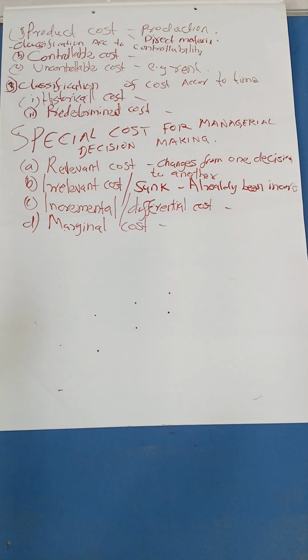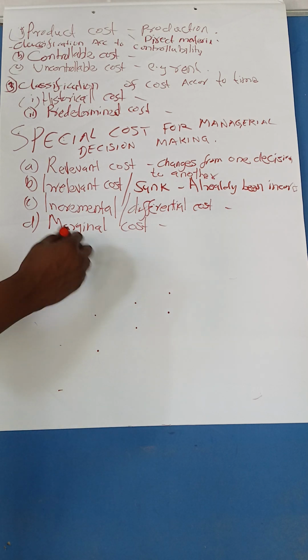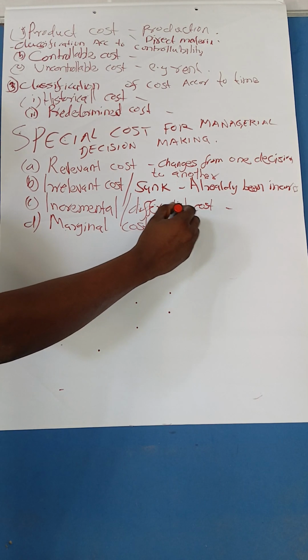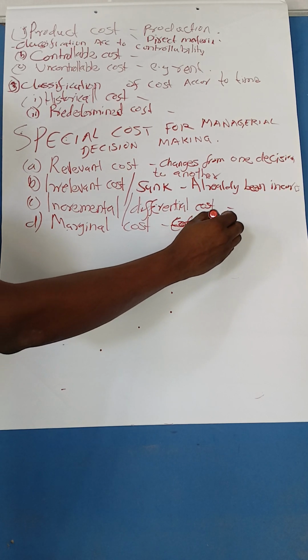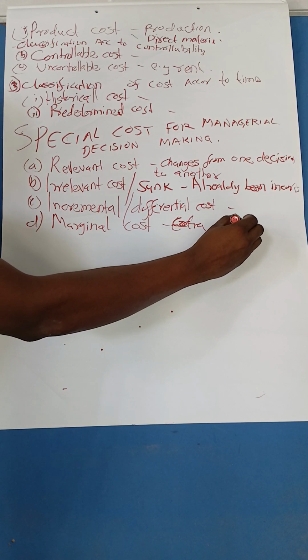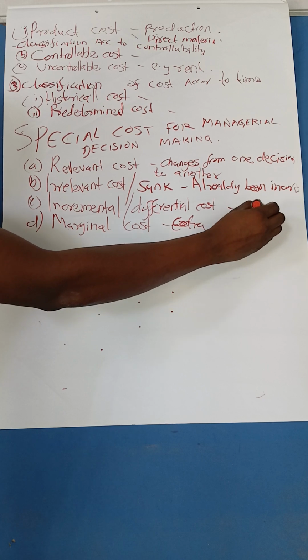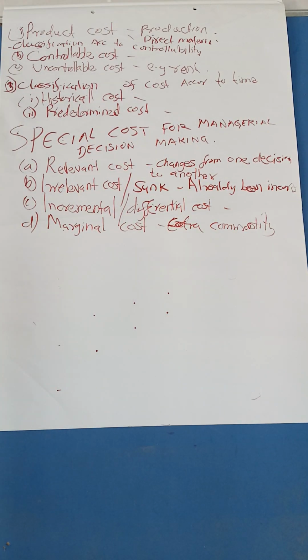So those costs that they will incur in producing an extra unit of a commodity are called marginal cost.